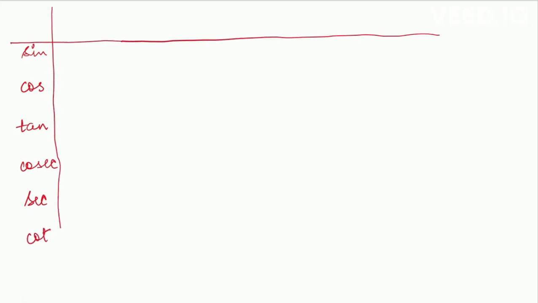Again, I'm drawing a table over here from where you can find out the values of sine 0, sine 30 degrees, sine 45 degrees, sine 60 degrees, and the rest of the 5 trigonometric functions.